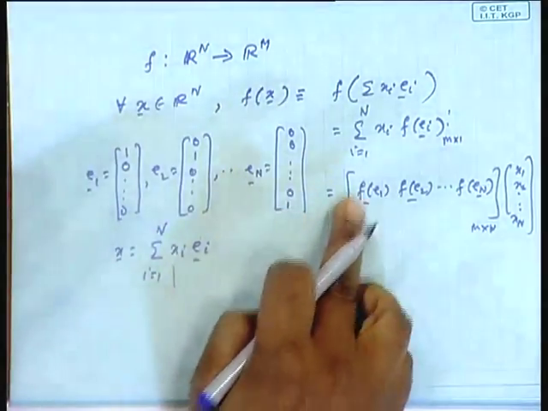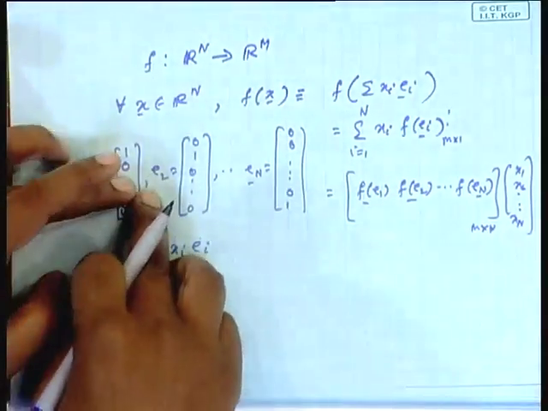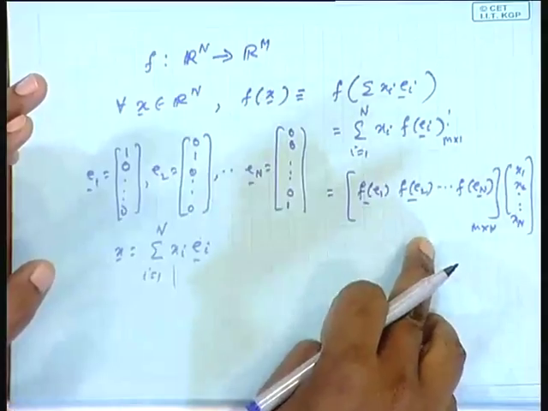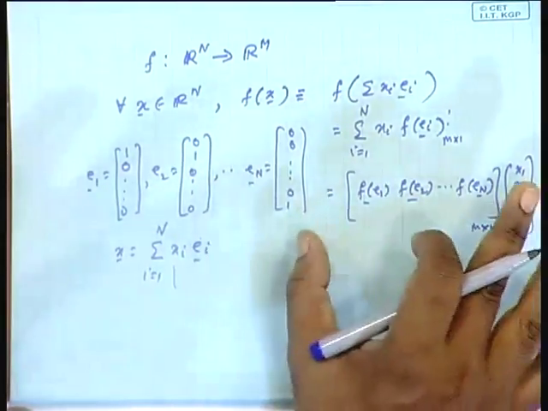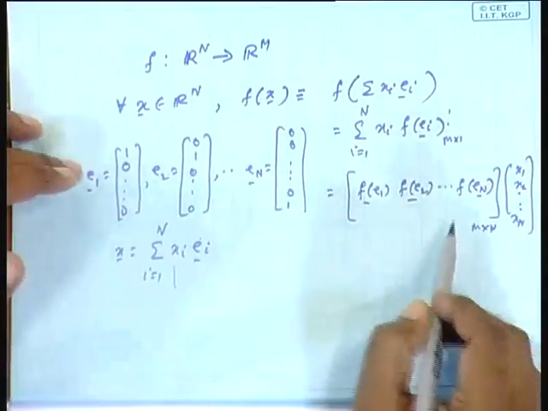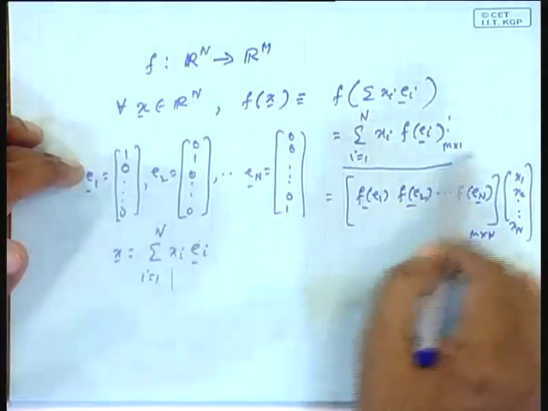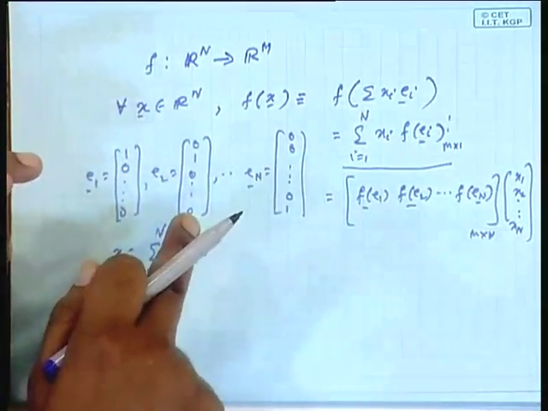E1 map is Fe1, a column vector of length m, first column. E2 map is Fe2, again a column vector of length m, so there is the second column. Dot dot dot Fen, last column. So you get a matrix. Now, my claim is this is simple, no? This quantity is nothing but what? I told you just beforehand how you do matrix vector multiplication.